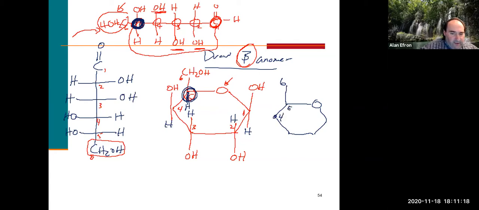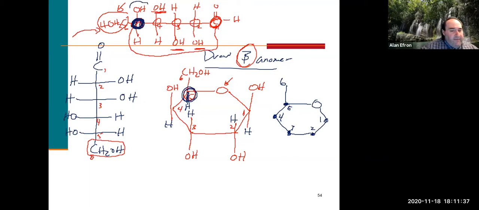Then that guy right here would be carbon number 4, right here would be carbon number 3, 2, and then 1. There is no OH that remains on carbon number 5, if that's what you're asking. So that goes to the earlier question.